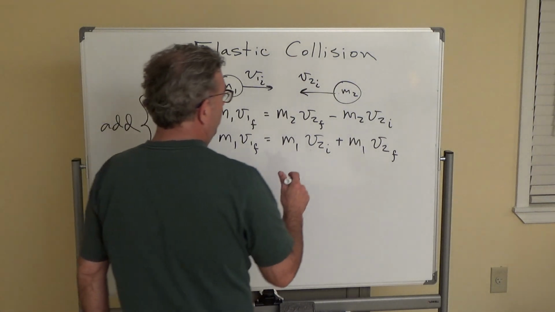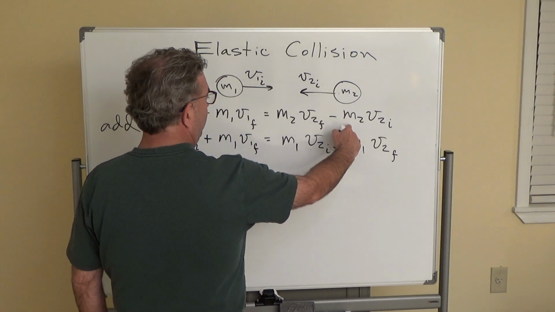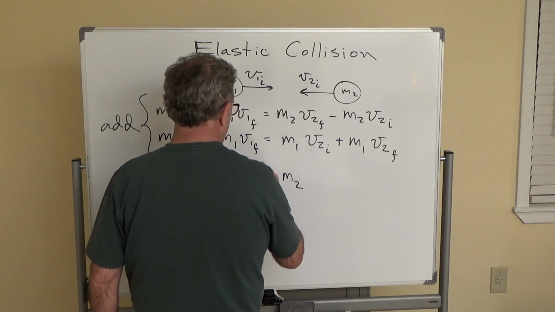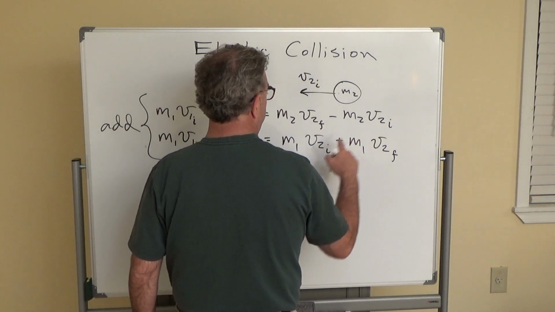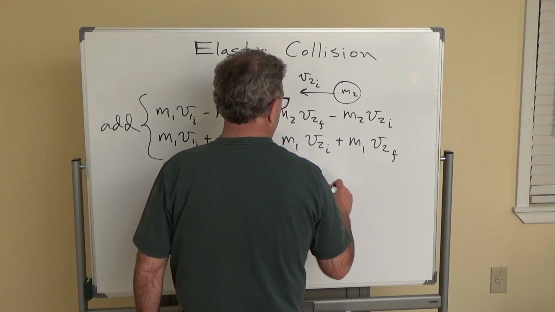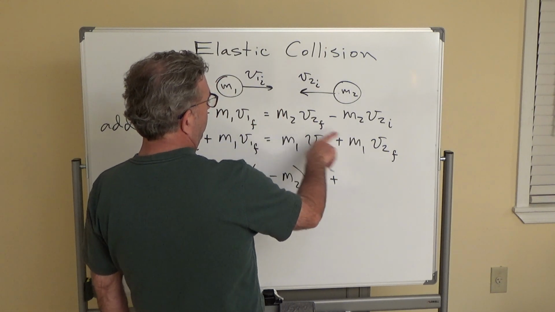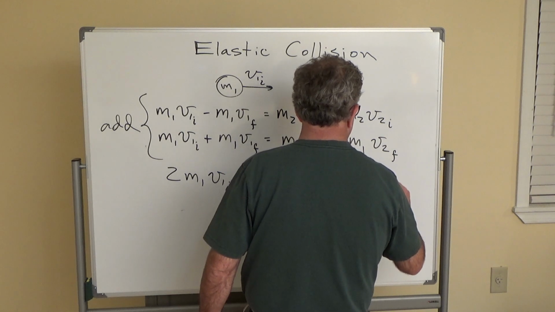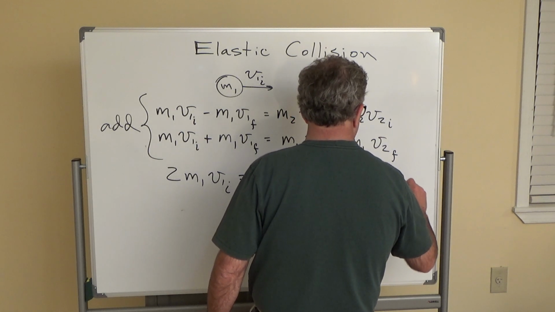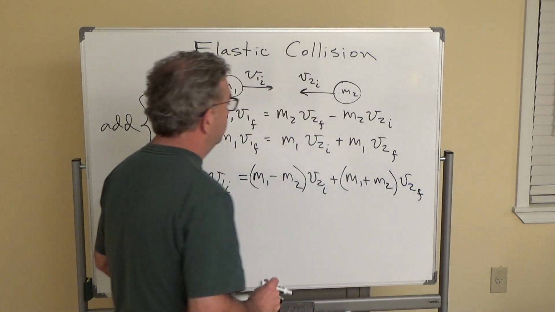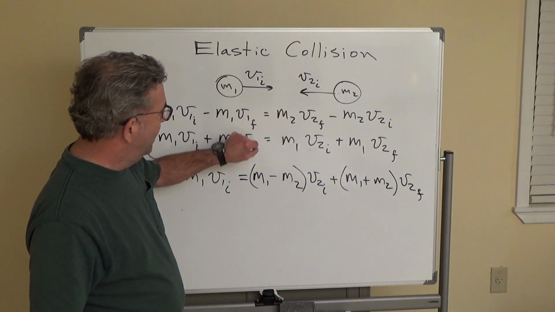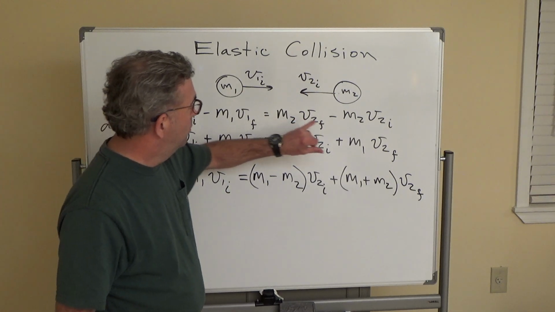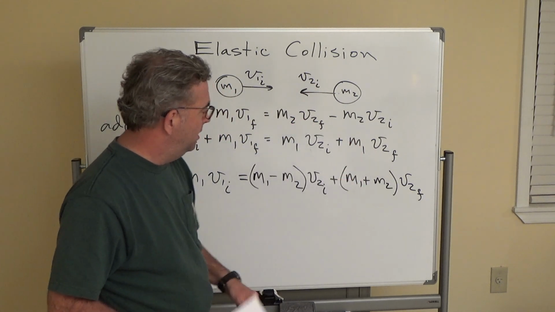All right, you get M1 minus M2 times V2 initial plus M1 plus M2 times V2 final. So when I'm adding these equations, I get M1 minus M2 times V2 initial and M1 plus M2 times V2 final.